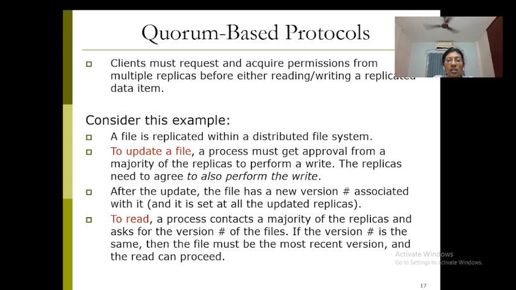After the update, the file has a new version number associated with it, and it is set at all the updated replicas. To read, a process contacts a majority of the replicas and asks for the version number of the files. If the version number is the same, then the file must be the most recent version, and then the read can proceed.